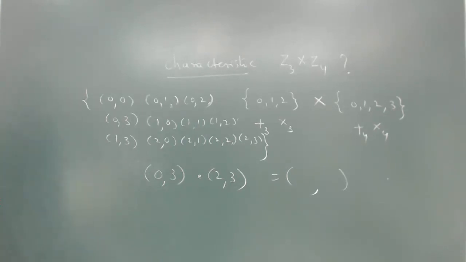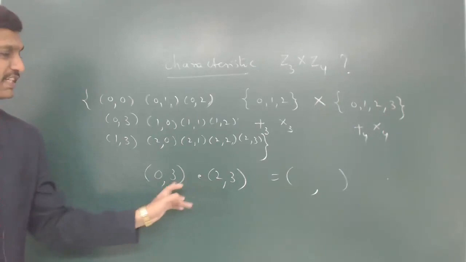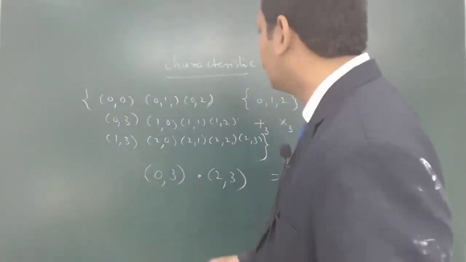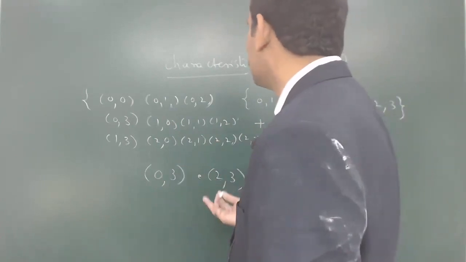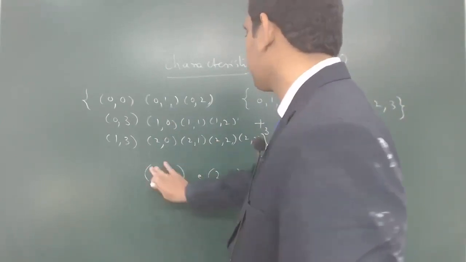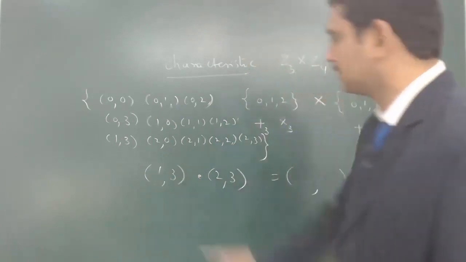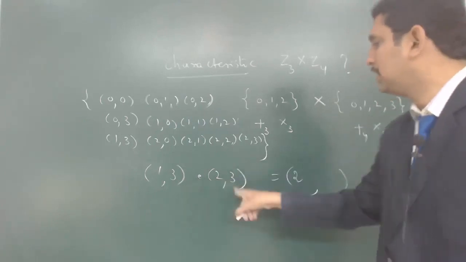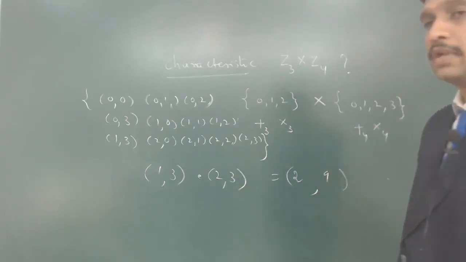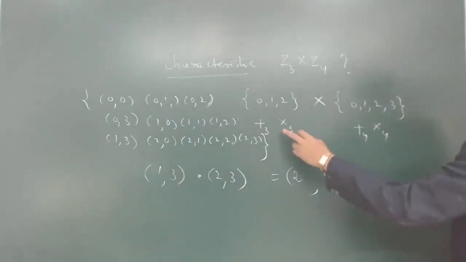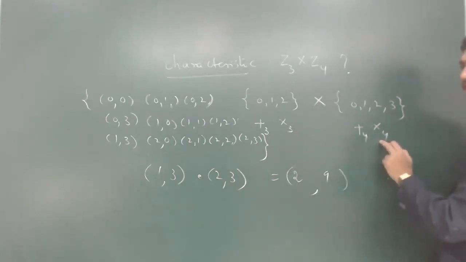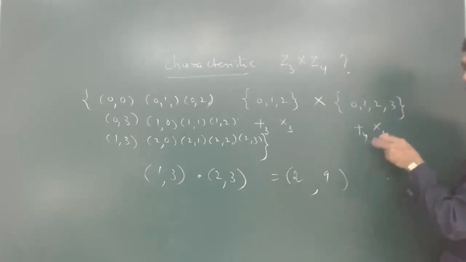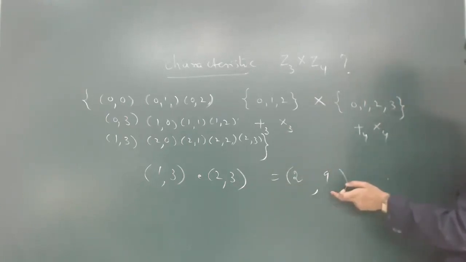You multiply first with first, second with second. If you take non-zero values, let us take it like this: 1 into 2 is 2, 3 into 3 is 9. Actually, you have two modulo operations here. One modulo operation belongs to the first coordinate and the other belongs to the second coordinate.